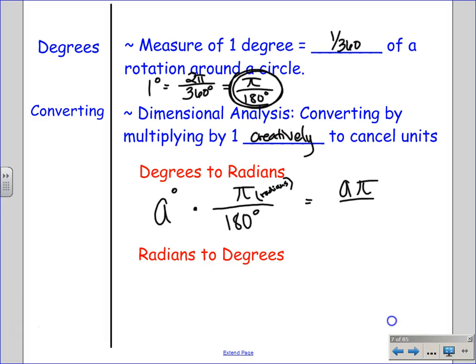We don't know what the number A is, so we're not going to go any further. But we don't write a degree mark anymore because now that degree mark is canceled out, right? And technically, we have this understood measure, radians, which is almost never written. It's almost always just understood.